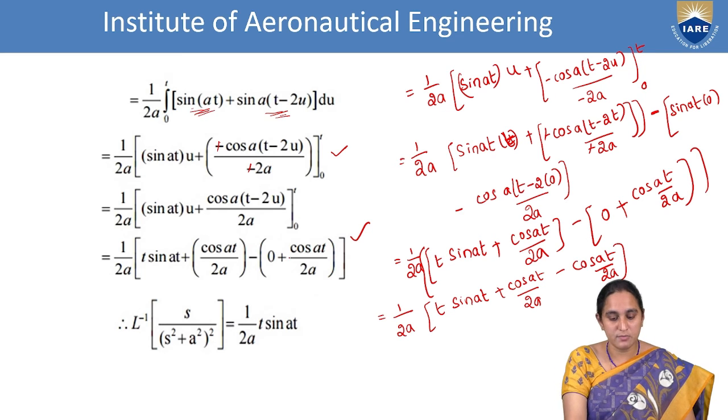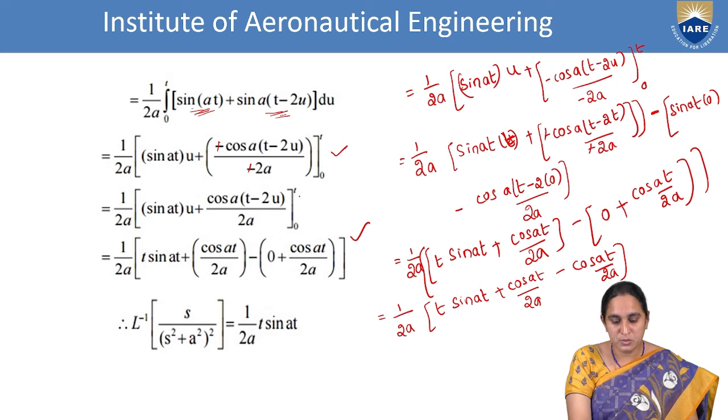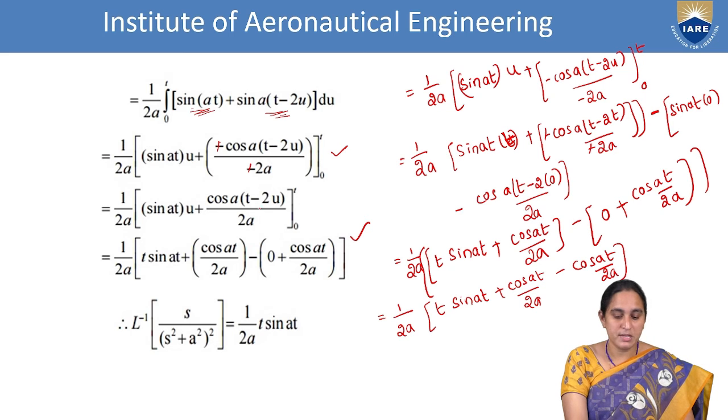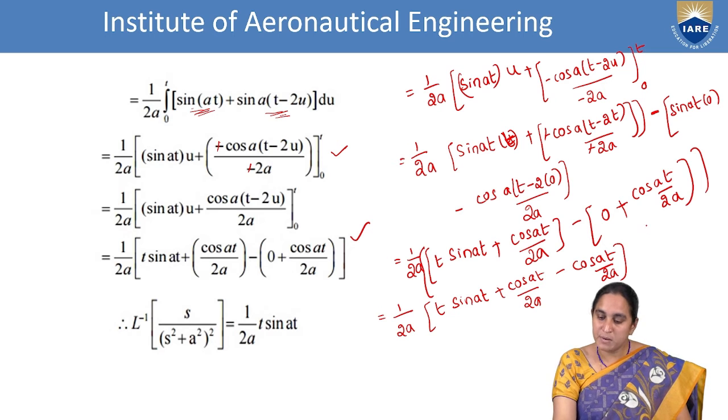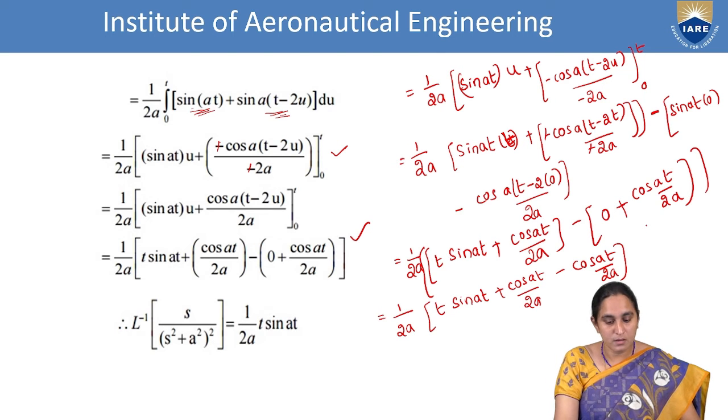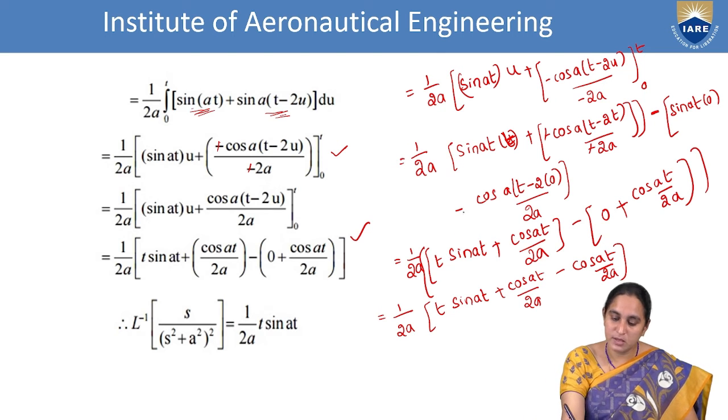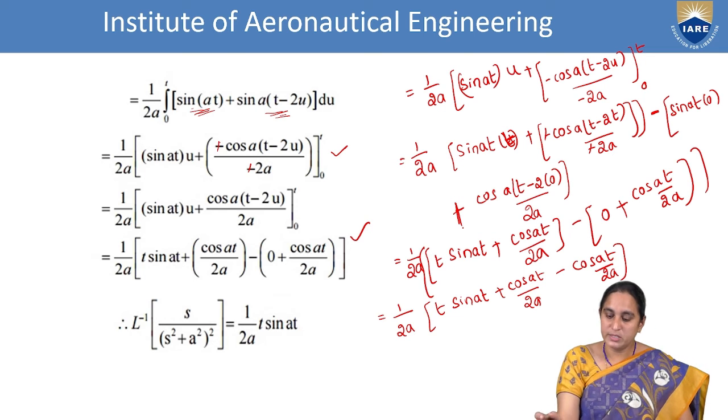Once I check here, if you are substituting t and 0, cos a of (t minus 2t) is cos minus t by 2a. Cos a of (t minus 0) is cos at by 2a. That means one is plus and the other one is minus. Okay, now it is correct.